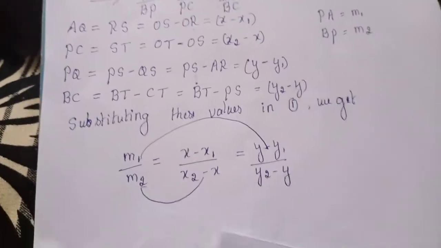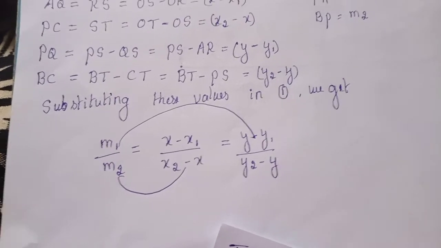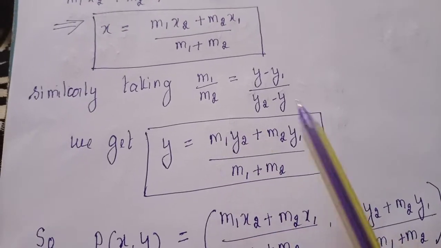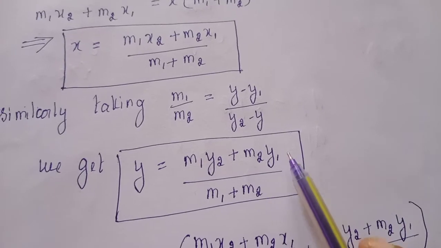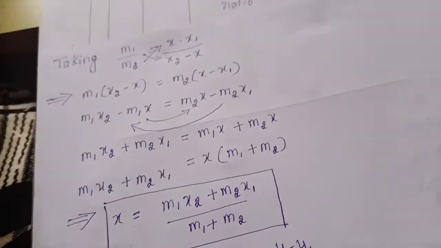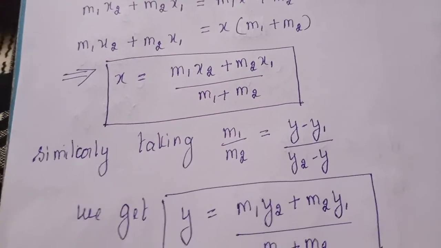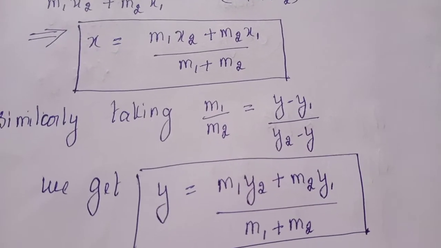Similarly, taking m1 by m2 equals y minus y1 divided by y2 minus y, and cross multiplying, we get y equals m1 y2 plus m2 y1 divided by m1 plus m2. You may think it is a big formula and get confused, so just concentrate on how to remember it.